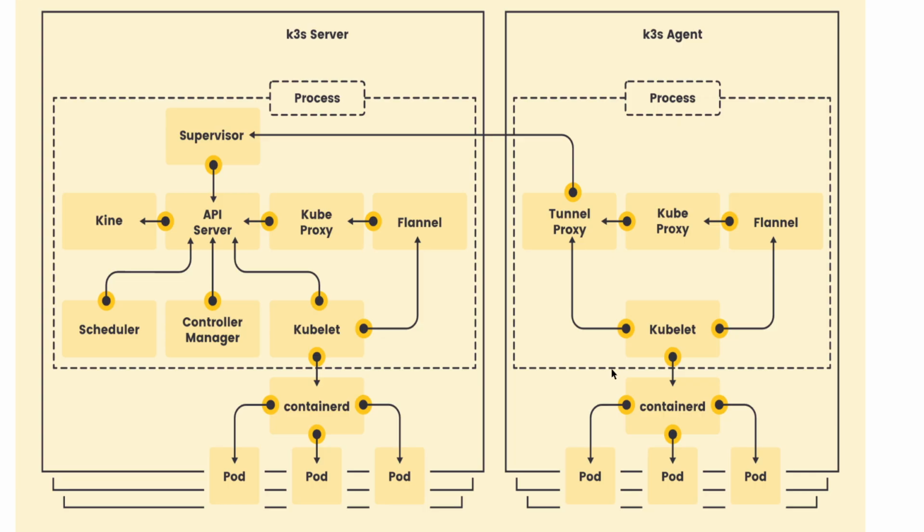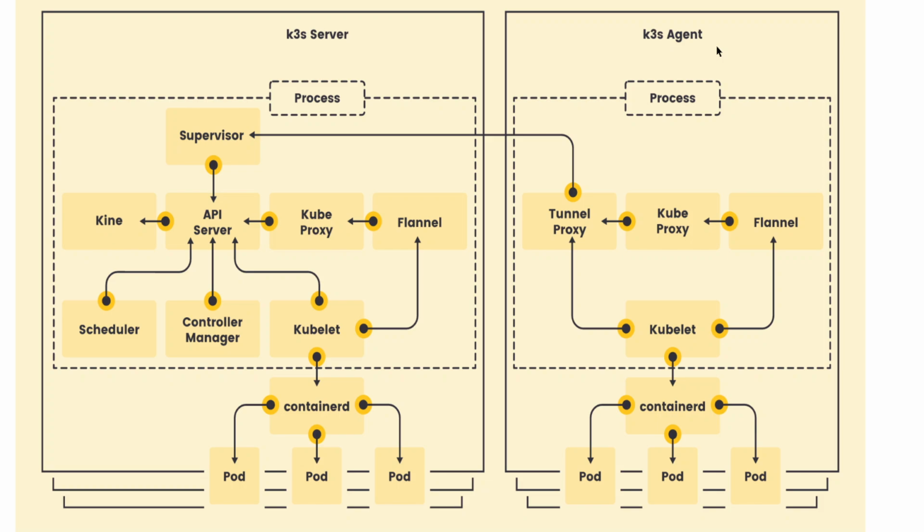So this is K3S architecture. So it has got server and agent architecture. So there is a K3S server. Inside this K3S server, there is an API server and a scheduler and a control manager and a kubelet. And through this process, you can communicate to containerd and that will run the pod or containers inside these pods.